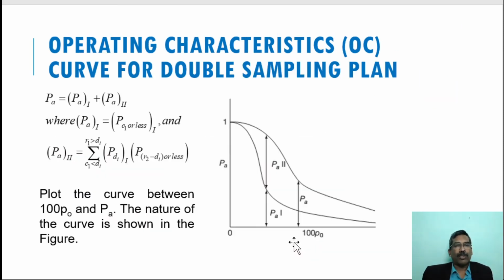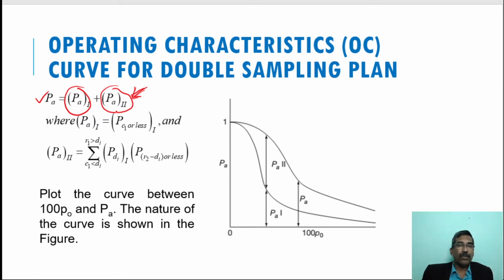Now see the numerical example on this problem. This is the probability of acceptance based on the first sample, and this is the probability of acceptance based on the inspection of the second sample. But this is conditional. This will be used only when the number of defective in the first sample is in between C1 and R1.